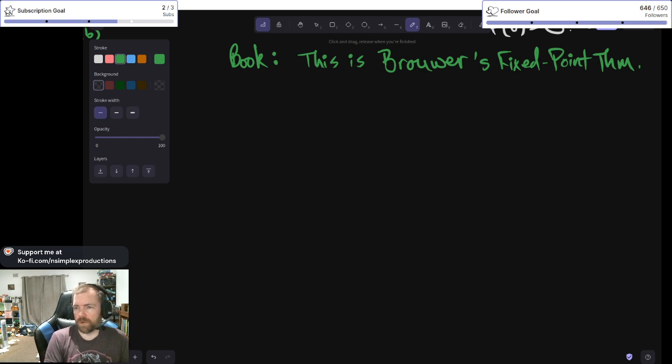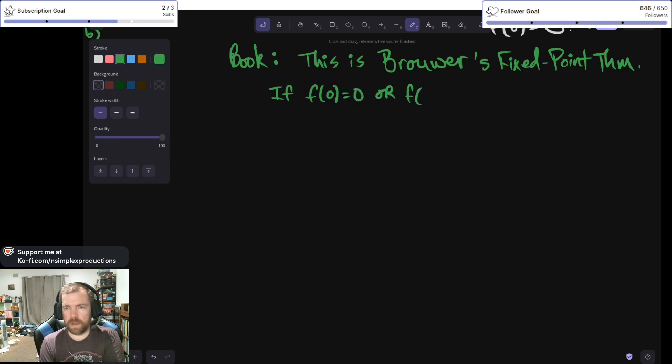So, Brouwer's fixed point theorem says that we're going to take the intermediate value theorem, right? If the same thing that I said, if f at 0 equals 0 or f at 1 equals 1, then we're done, right?